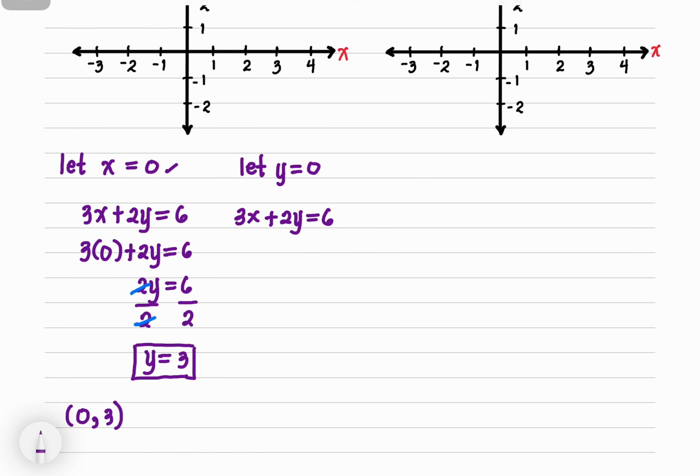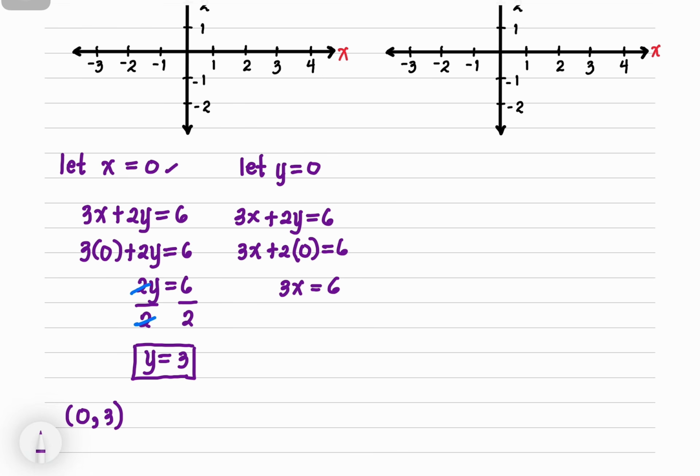Okay. So, sinusolve natin yung value ng x naman natin. So, 3x plus 2 times yung y natin, gagawin natin 0 yan, equals 6. So, bring down natin yung 3x. And then, 2 times 0 is 0. Hindi ko na sinulat, since 0 naman siya, equals 6.